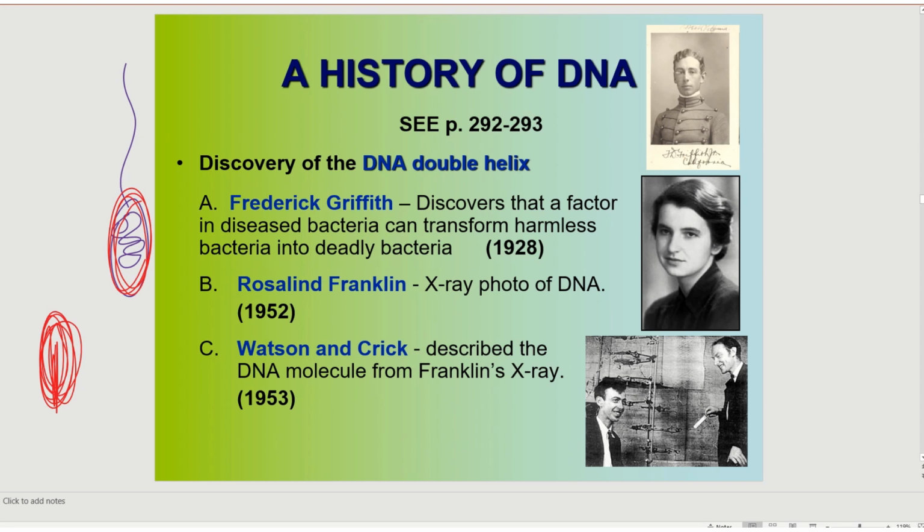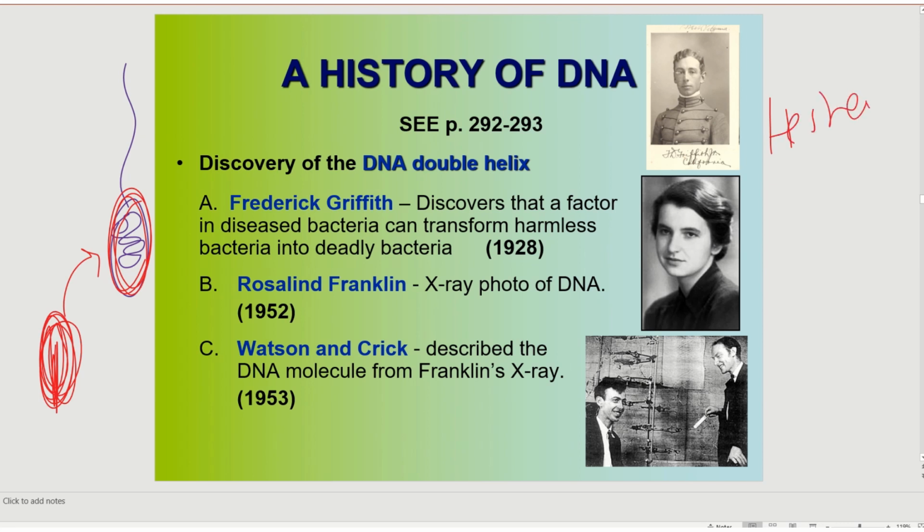How is it that they became like these? What happened here? Something happened. Well, they were able to get the DNA from the diseased bacteria, these harmless bacteria, and they also became deadly. So Frederick Griffith discovered, hey, something is going on here, not just in plants, but in animals and in different types of cells too.